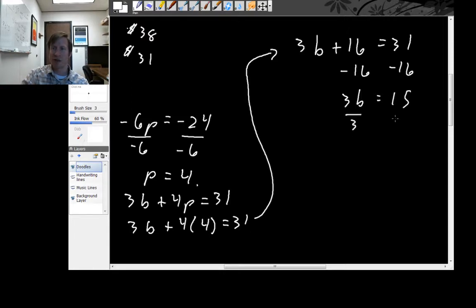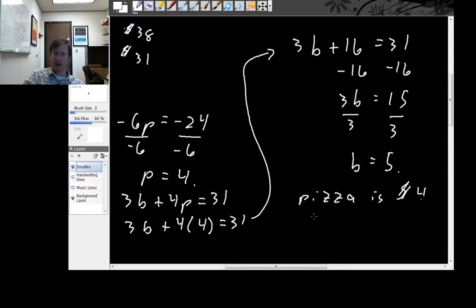Divide both sides by 3. B is 5. So a burger costs $5. So pizza is $4, and a burger is $5.